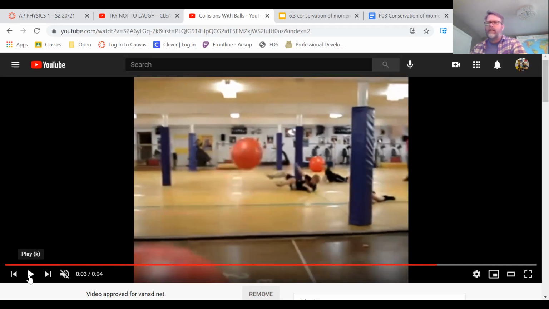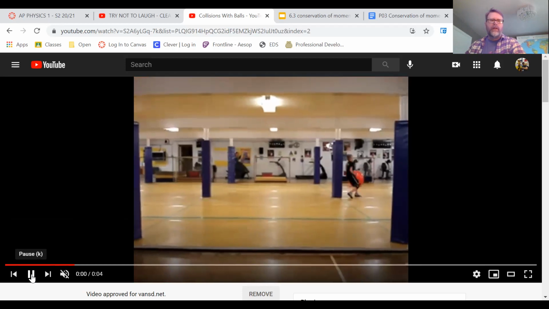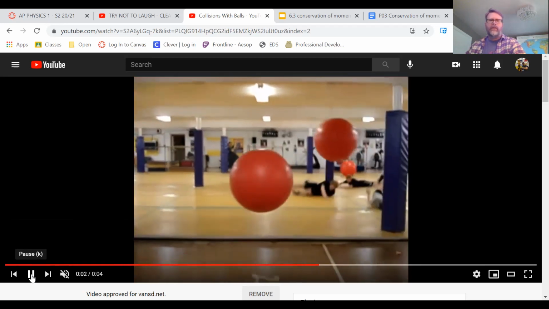We see them both go off in the same direction. Looks like the two exercise balls often go off in an X and Y, or in the perpendicular direction, which would be a great momentum question for us to solve, but we don't have to. We can just appreciate this whole collision as they go running towards each other.